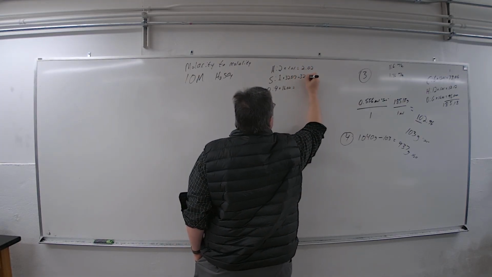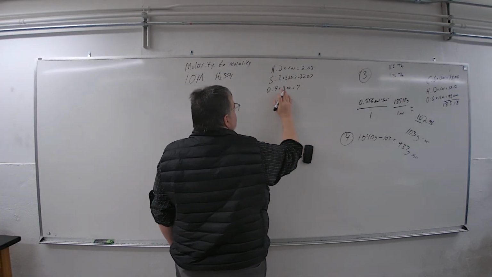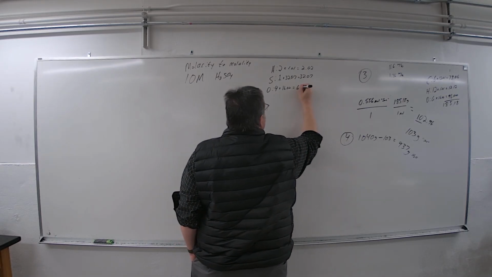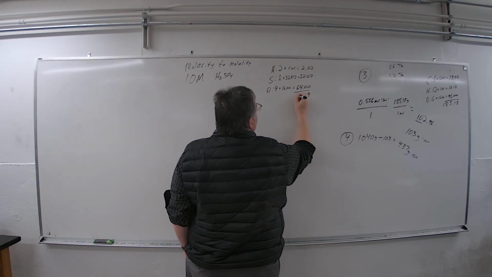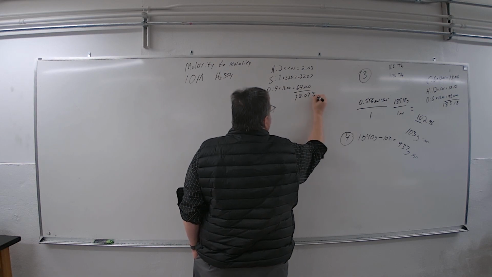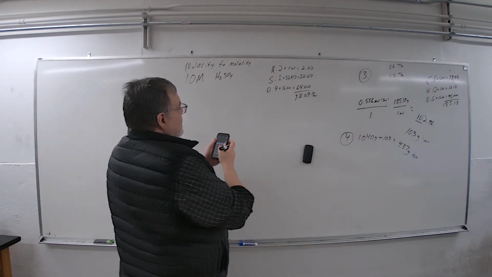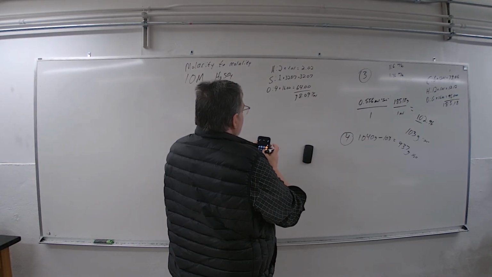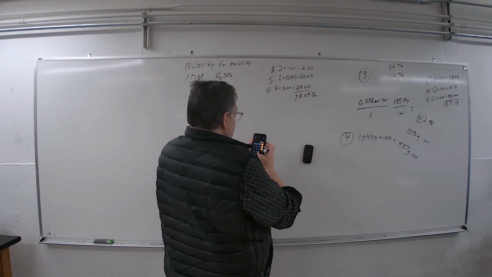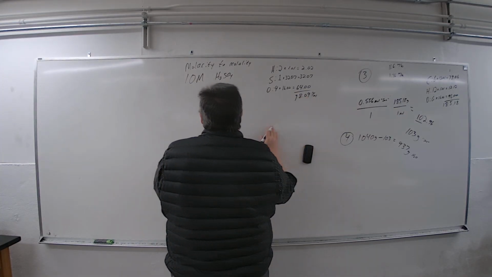Hydrogen, 2.02. Oxygen times 4 is 64. So 2.02 plus 32.07 plus 64 is 98.09. That's good.